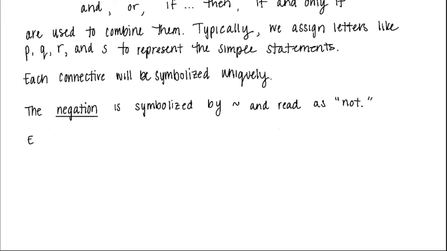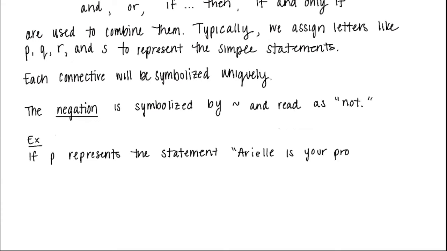So let's do a quick example with this and the negation. If P represents the statement, Ariel is your professor, can't even spell my own name, or the word professor for that matter today. Wow, I'm off my spelling game. There we go. So this represents a statement, Ariel is your professor.